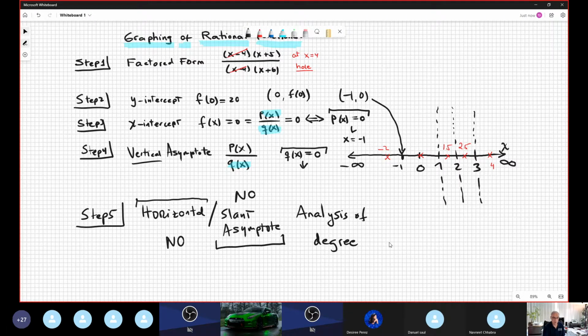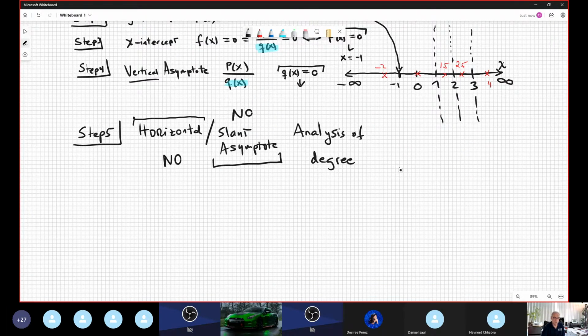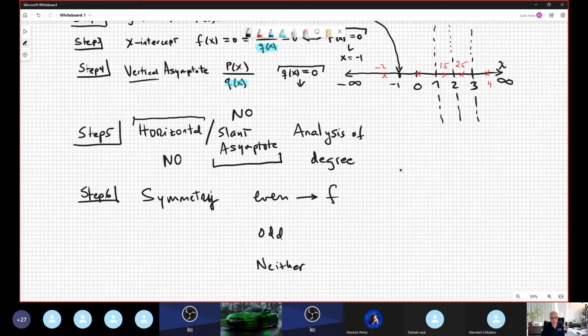Now, step 6. Students frequently forget this, but in my opinion it is super important: investigate the symmetry. I want to explain why it's important. Symmetry is, as you remember from college algebra, even function, odd function, or neither. The test to prove that it is an even function is you replace x with negative x and nothing happens, it stays the same.